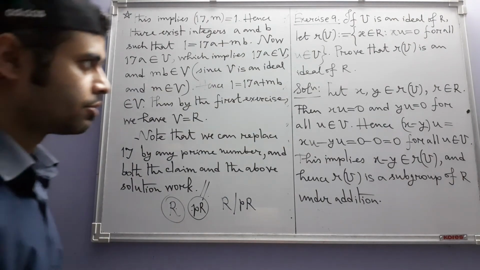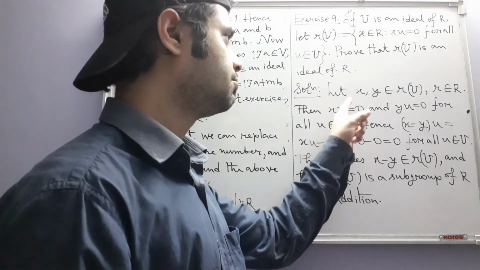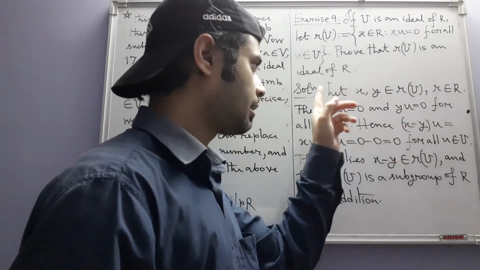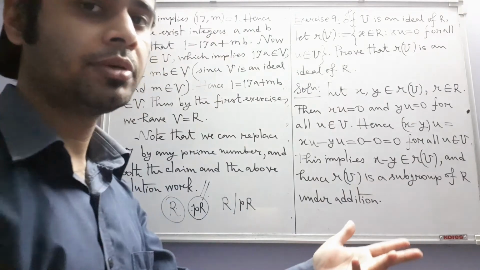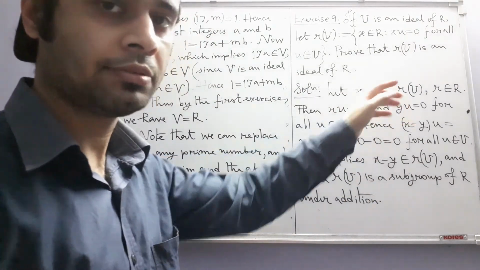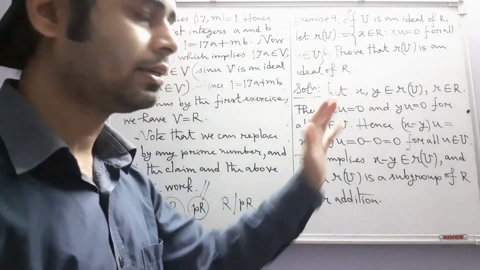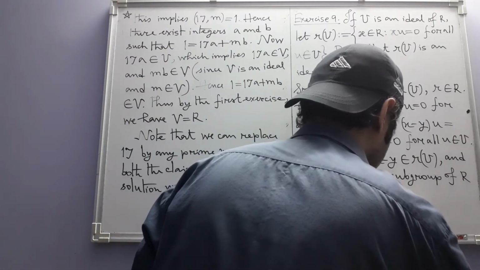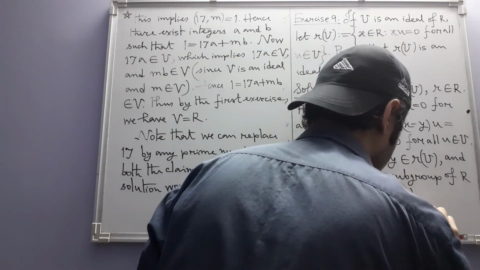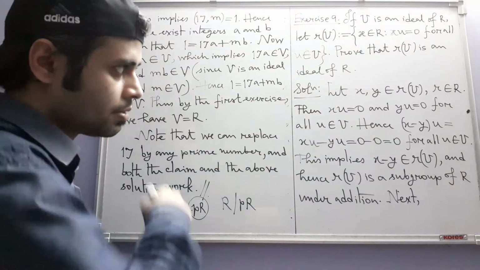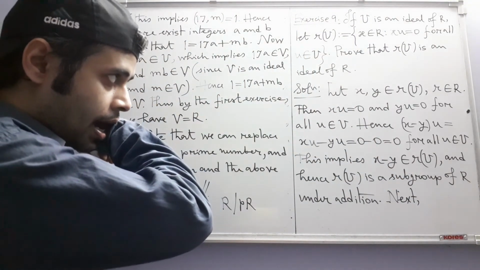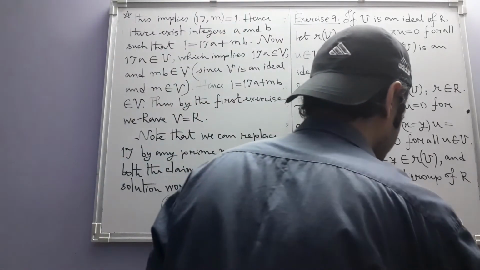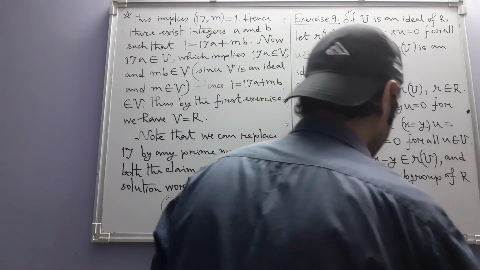Okay. So now next we have to prove that XR and RX, both these elements are in RU. That will complete the proof that RU is an ideal. Okay. Next, XR.